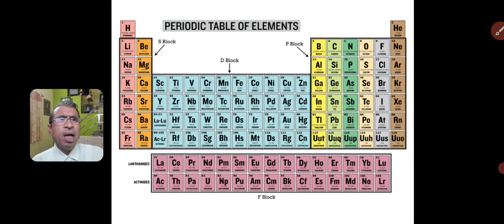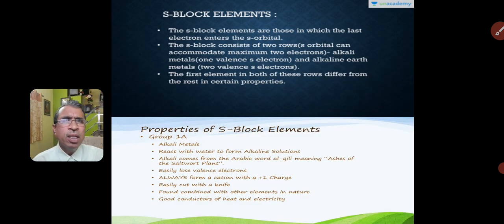So this is the periodic table showing the S block elements, P block elements, D block elements, and F block elements. S block elements are present at the extreme left of the periodic table. This slide shows whatever we have discussed so far about the properties of S block elements.